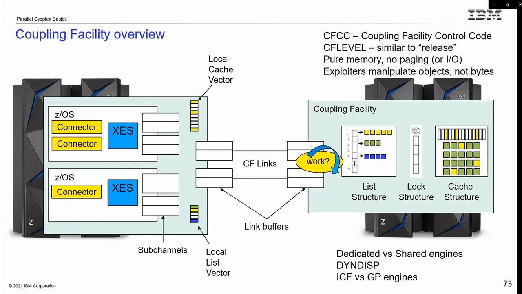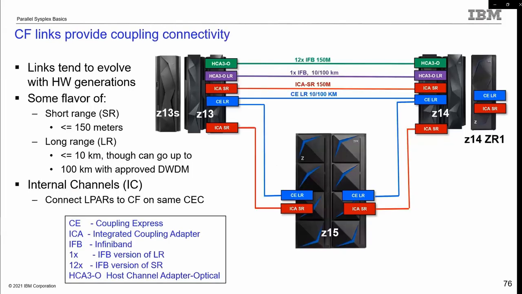So this is really what interaction with a coupling facility looks like. Connectors communicate through the SES components of z/OS to communicate to the CF, and if the user wishes, it can receive CF notifications through the hardware when certain activities initiated by other connectors take place. On the previous chart, we talked about these CF links that are connecting my z/OS operating system with the actual coupling facility.